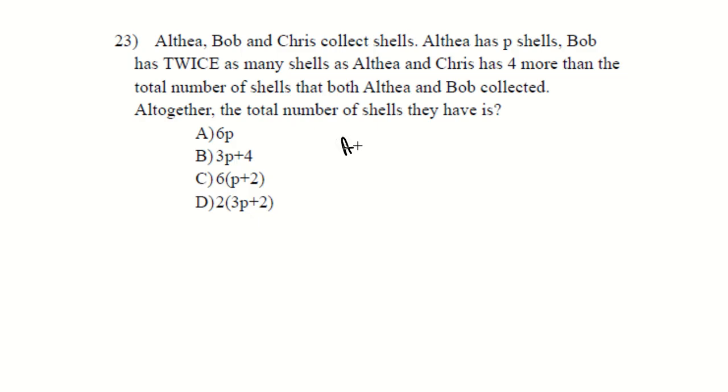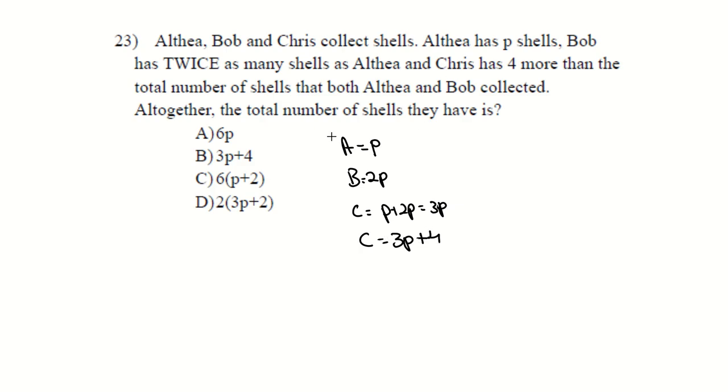So A is equal to P. Bob, they said twice as many, so that's 2P. And then Chris has 4 more than the total. So the total of Althea and Bob would be P plus 2P, which is 3P, and they said it's 4 more. So Chris is actually 3P plus 4.